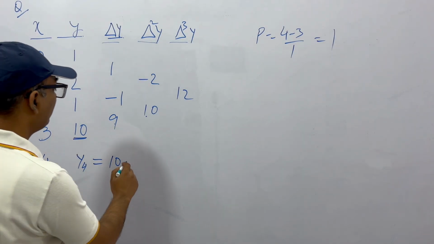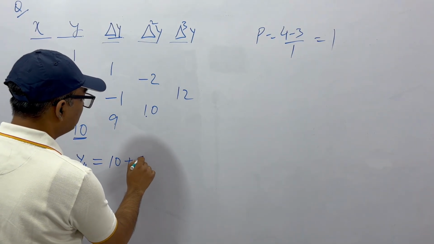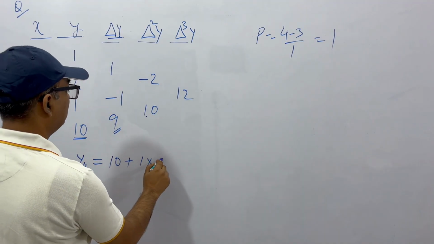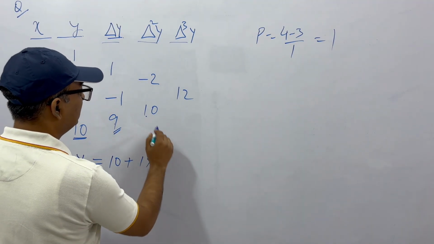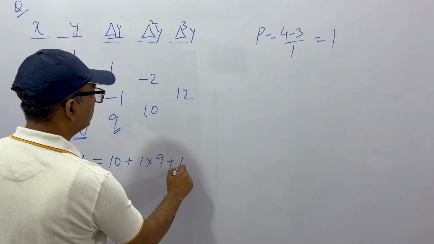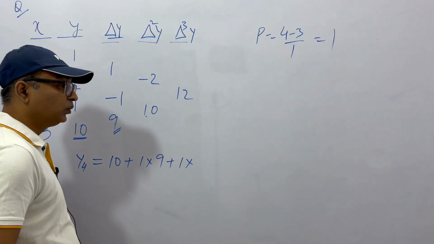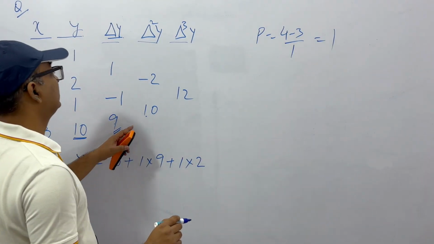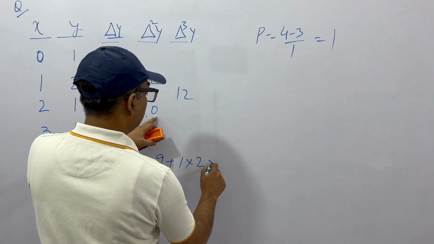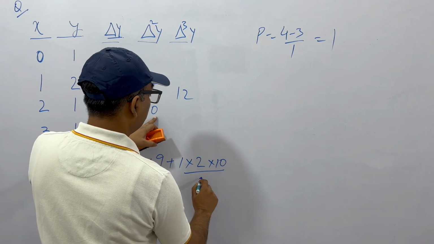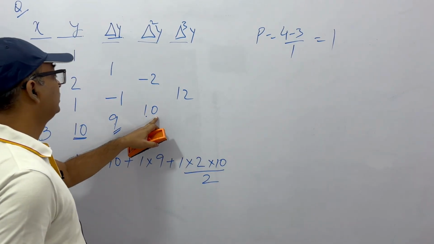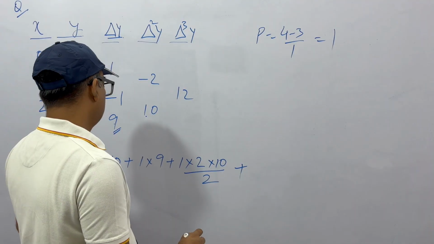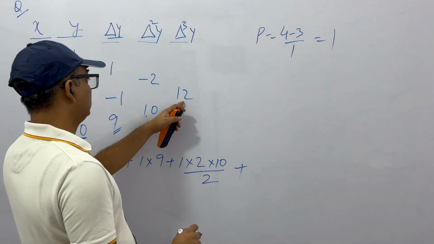Okay. So 10 plus p, that is 1 into first difference. See this 9. Then second p, that is 1 into p plus 1, that is 2 into the second difference 10 by factorial 2, that is 2. Okay. Then third one will be, this is 12.